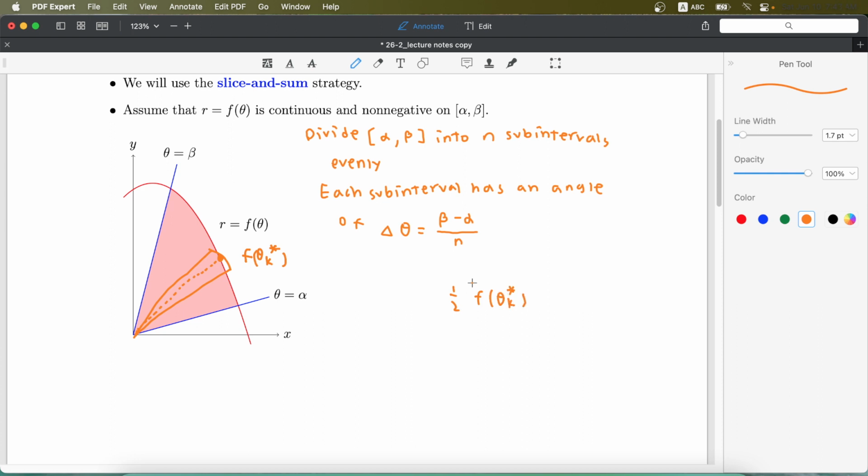So 1/2 r squared times the corresponding angle, and notice that the angle here is delta theta. This will give you the area of this tiny sector.